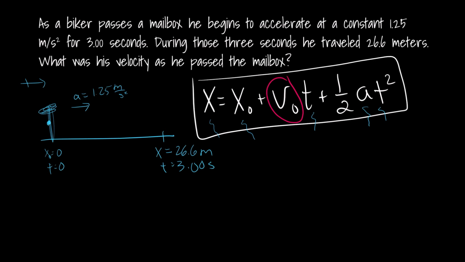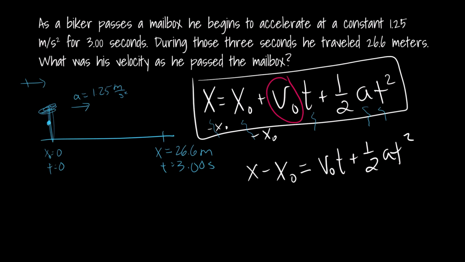So the first thing, let's subtract x naught from both sides. So we get x minus x naught equals v naught t plus 1/2 a t squared. Let's also subtract that whole term, because we know a and we know t, and we want to get v naught by itself.